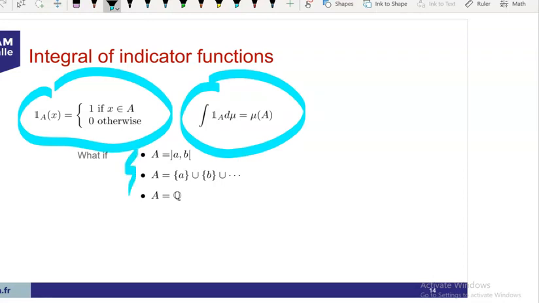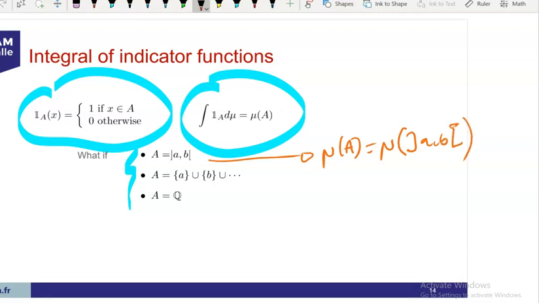So let's start to see what it means. What would be the integral of the indicator function when your set is AB? It's going to be equal to the measure of the interval AB, and whether it is open or closed, it's the same measure.